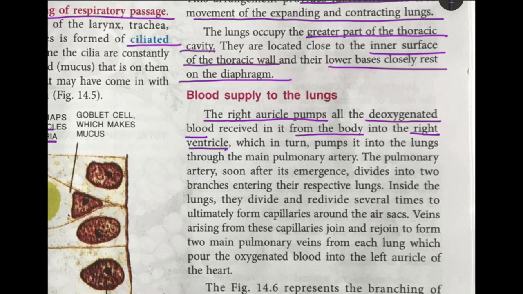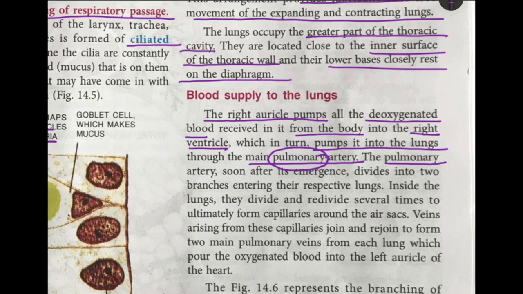So the right auricle receives deoxygenated blood from all the body parts, and then pumps the blood into the right ventricle below it. This ventricle will pump it to the lungs through the main pulmonary artery. Pulmonary means the lungs. If you suffer from pulmonary disease, that means you have a disease of the lungs. So remember, pulmonary in biology means lungs.